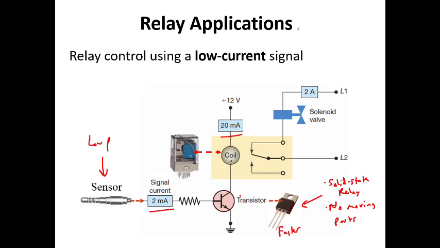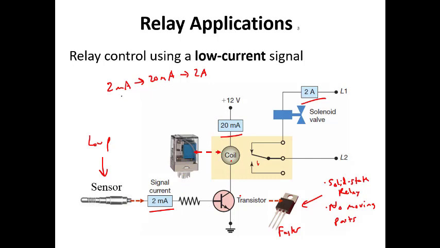In this case, the 20 milliamps is enough to energize this coil in this electromechanical relay, which then is connected to a contact that can turn on a solenoid valve, which draws 2 amps. So we're going from 2 milliamps to 20 milliamps to 2 amps. So this is kind of showing power amplification using 2 relays.